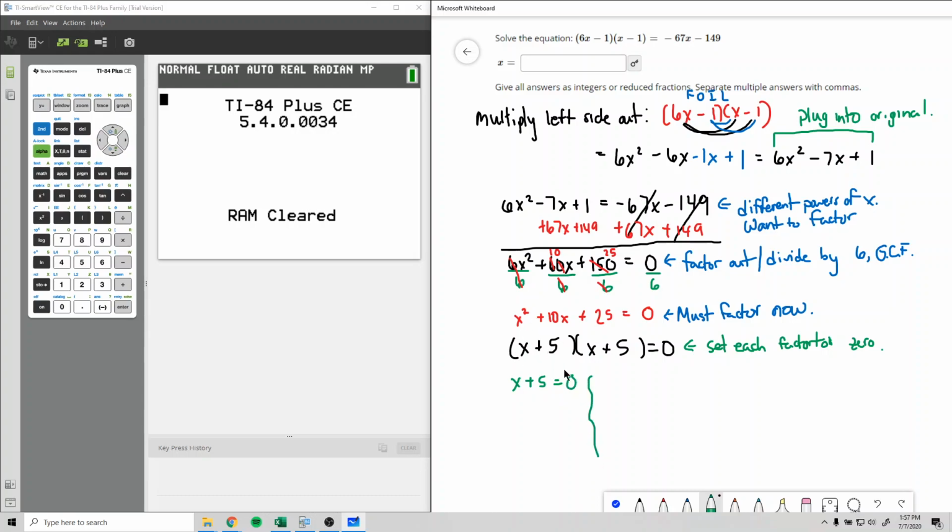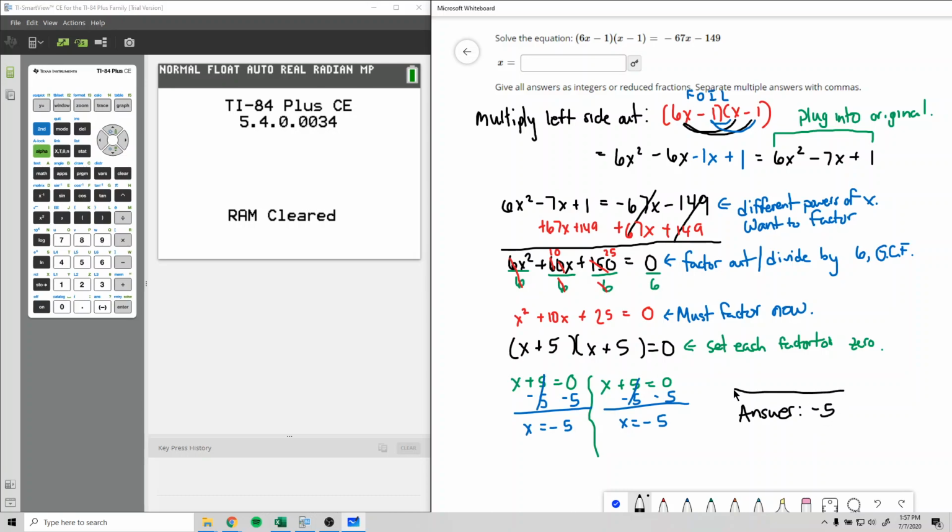We have x plus 5 equals 0 and x plus 5 equals 0. And when you solve it, you're going to get the same answer, right? Because it's the same equation. You subtract 5 on the one on the left, we get x equals negative 5. We subtract 5 on the right, and we get x equals negative 5 as well. Now, you only have one answer because it's the same answer, and that's just negative 5.